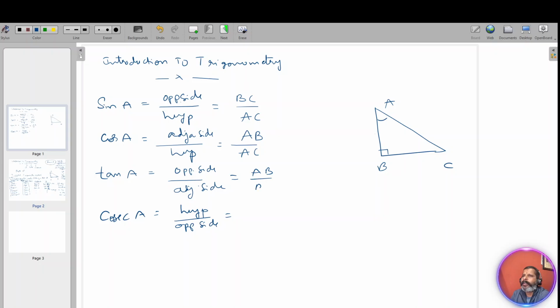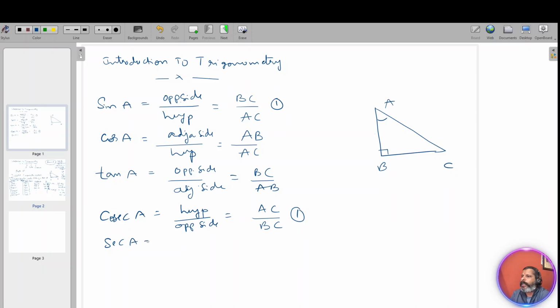It is BC by AB. Opposite is what? BC. Adjacent is what? AB. Okay, cosecant is hypotenuse. What is hypotenuse? AC. By opposite. Opposite is BC. See, check out this. I'll mark this one. See, it's a reverse, right?